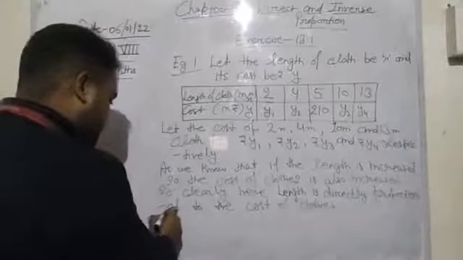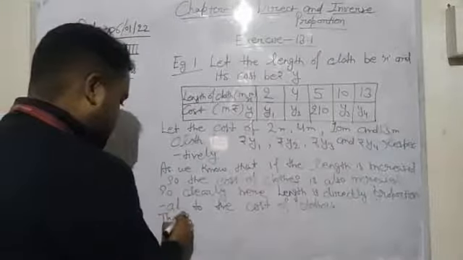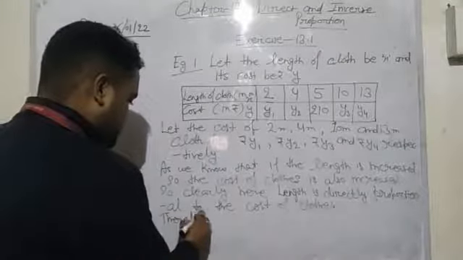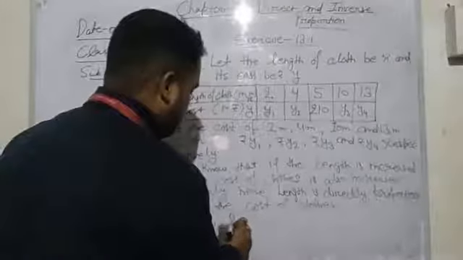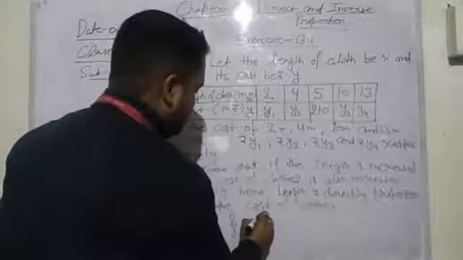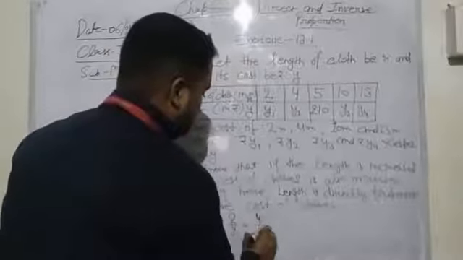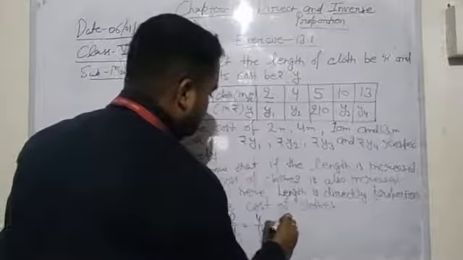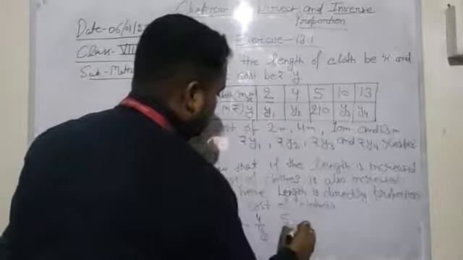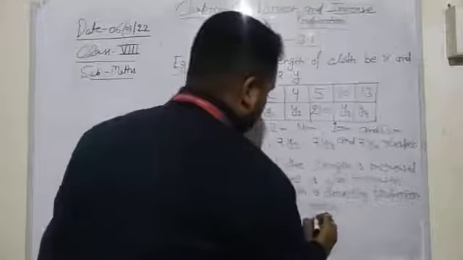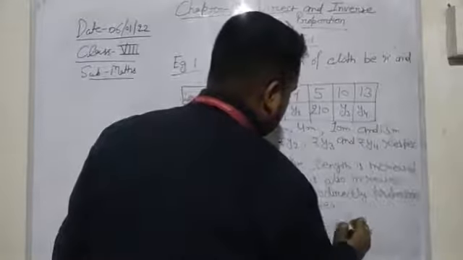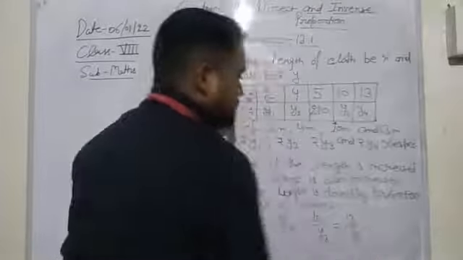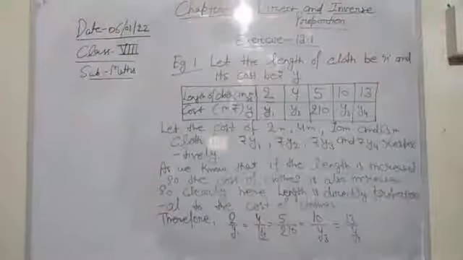Therefore, 2 upon y1 is equal to 4 upon y2 is equal to 5 upon 210 is equal to 10 upon y3 is equal to 13 upon y4. So first note it down, then I will solve the remaining part.